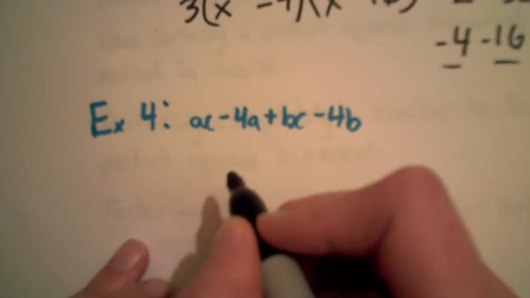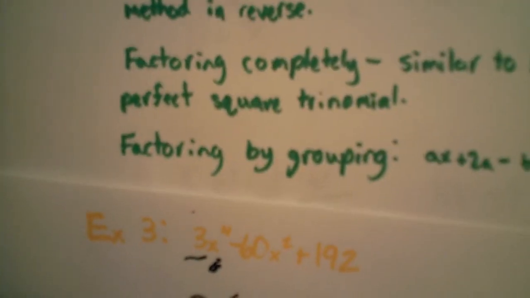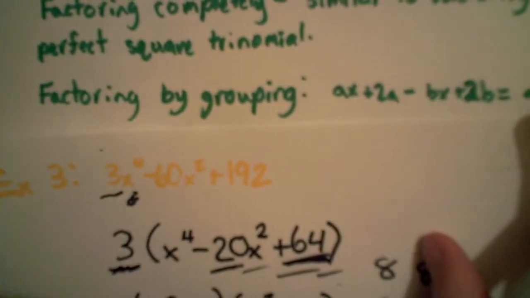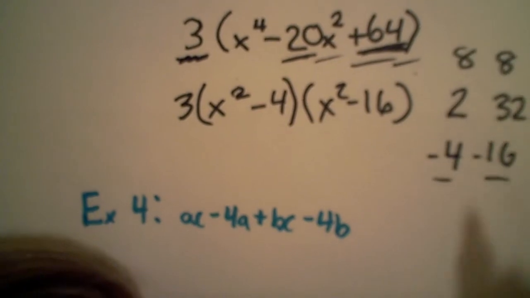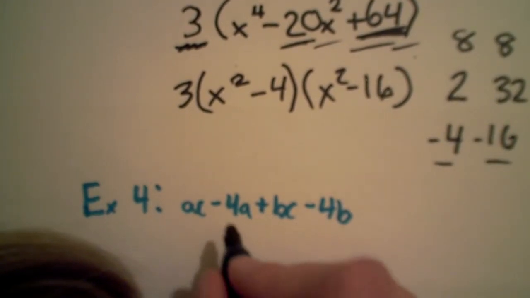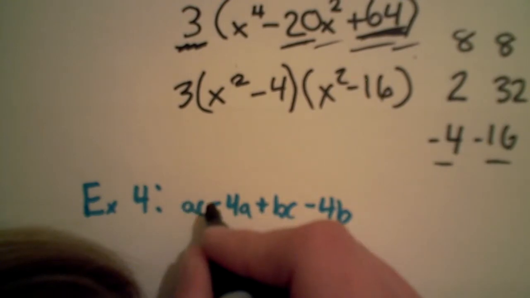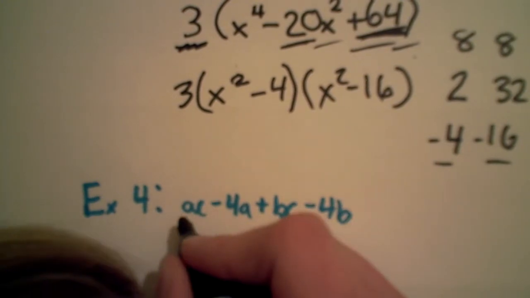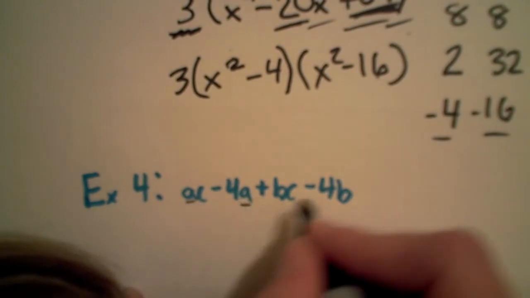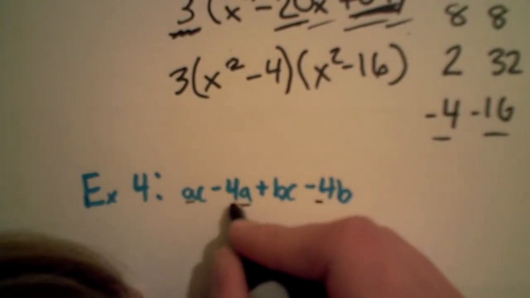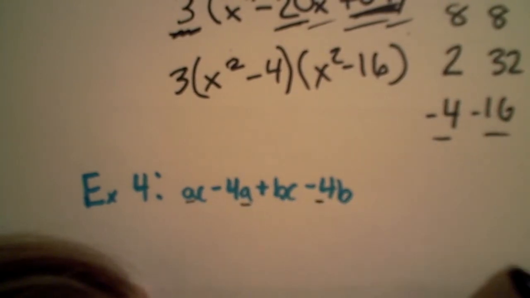So this is factoring by grouping, essentially the same as the earlier example. We can group this, and we're just going to factor out the common terms in these two terms. These both have a's, these both have negative 4's, but then those two don't really have anything in common.